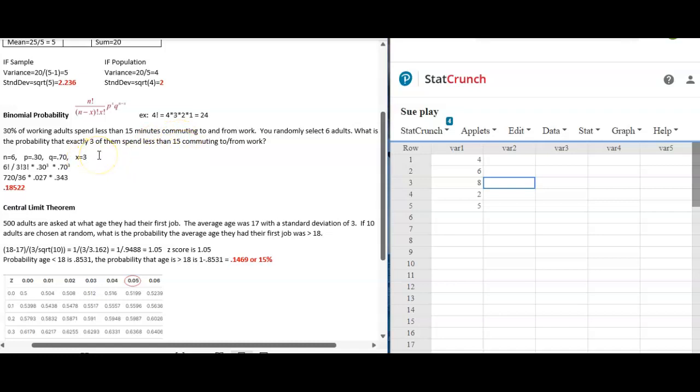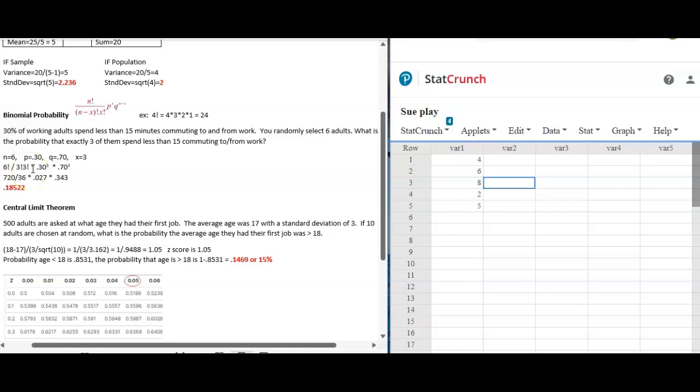So now I'm going to plug these values into this formula. We have n factorial, so that's 6 factorial, divided by n minus x factorial. Well, n is 6, x is 3, 6 minus 3 is 3 factorial, and then we're multiplying it by x factorial, which is 3 factorial.